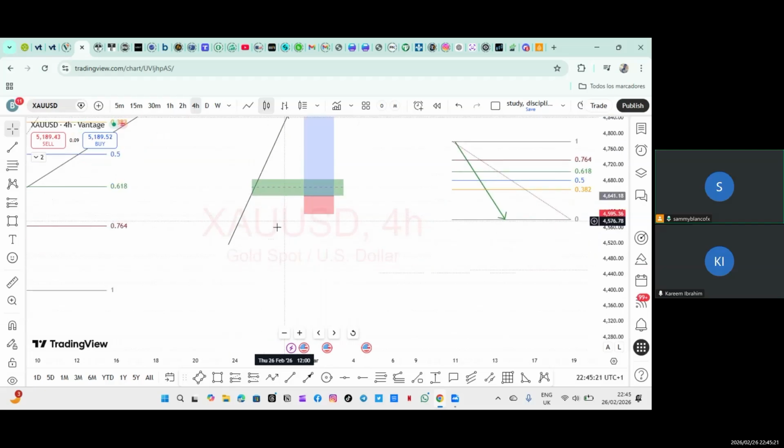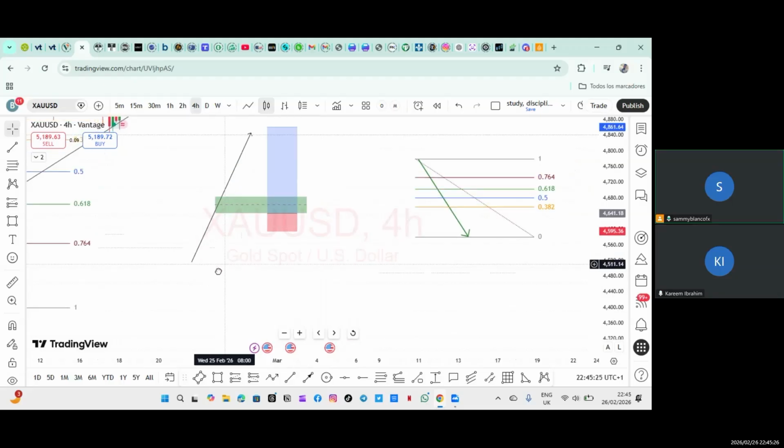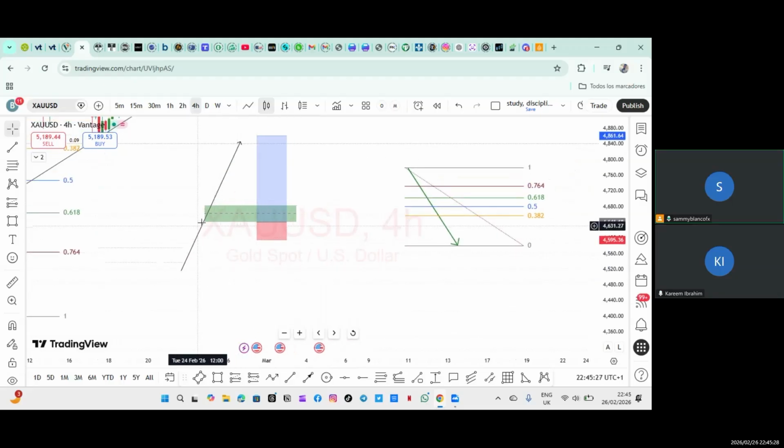But remember, sometimes if there's another order block here that is very valid, for your order block to be valid, you need a fair value gap, and then you need a last bearish candle, or it can be bullish here, before that impulsive move to the upside. So if there's an order block, sometimes market can flash to that low a little, just to the top of the candle.